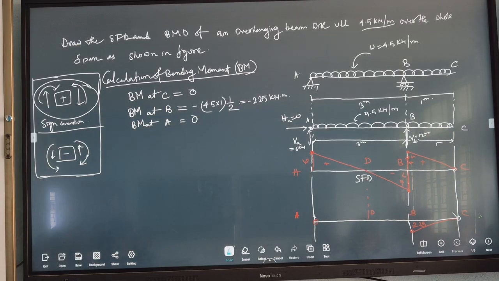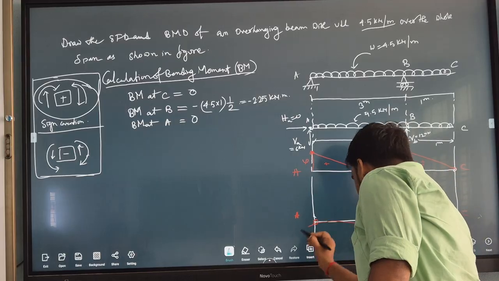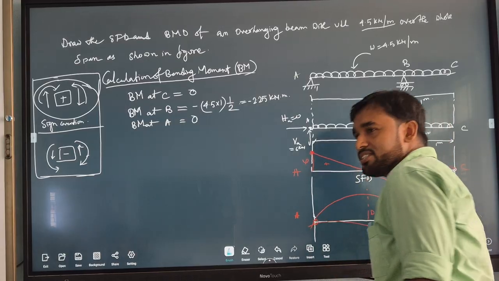Now how to join B and A? Parabolic curve, because with UDL, I am discussing the bending moment. Bending moment is always parabolic when the loading is UDL. So how to join? This may be like this, maybe like this.